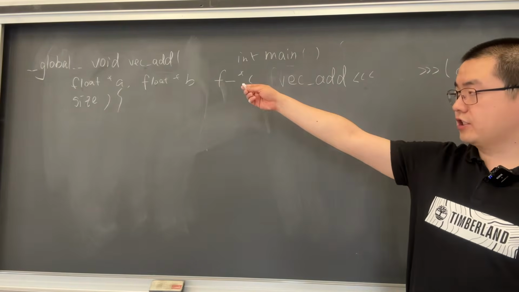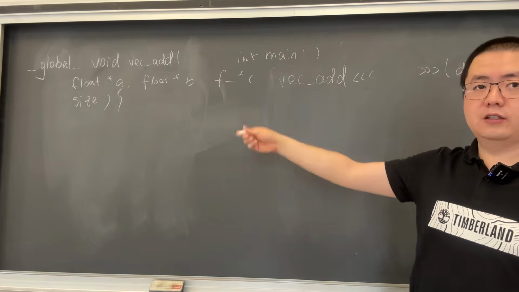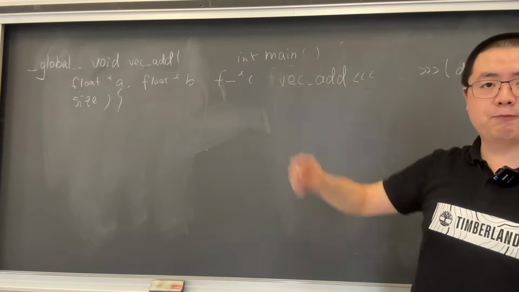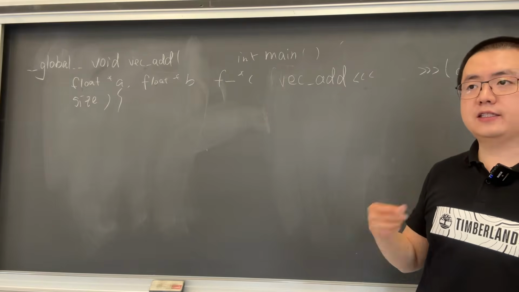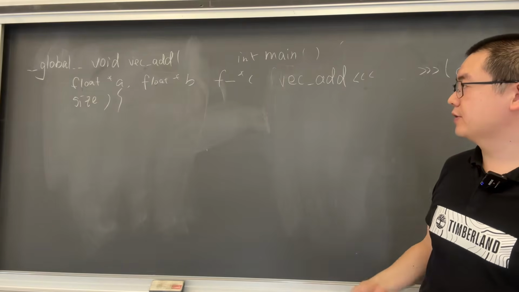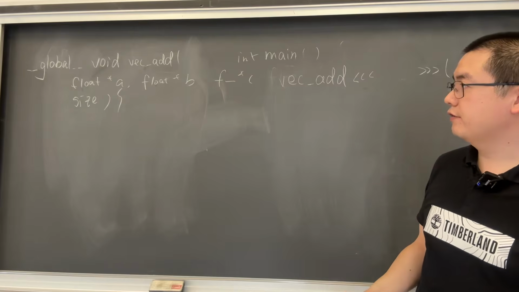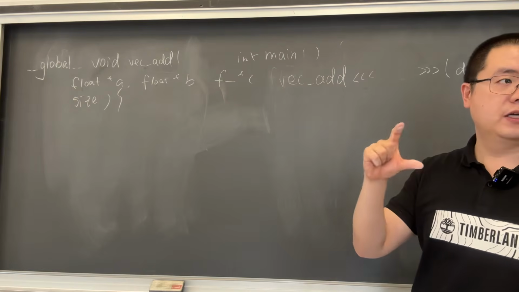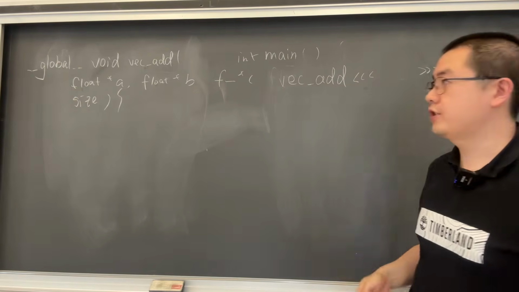So the compiler will check that it's a global, right? If it's a global, it has the potential to be run on both the CPU side and the GPU side. And if it's a device, then it can only be run on the GPU side. So it will only generate a copy of the binary that is for the GPU.